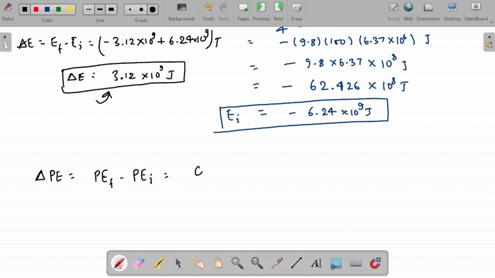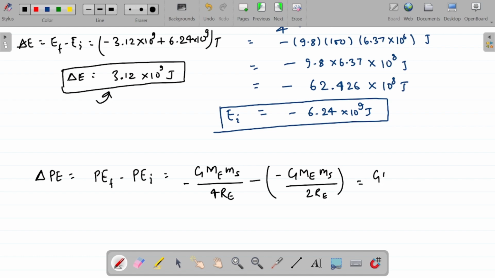And we know the final potential energy is minus G ME MS by 4 RE, and negative of this thing, and minus G ME MS by 2 RE. This is the initial potential energy. Here you will have G ME MS by RE, which is common.